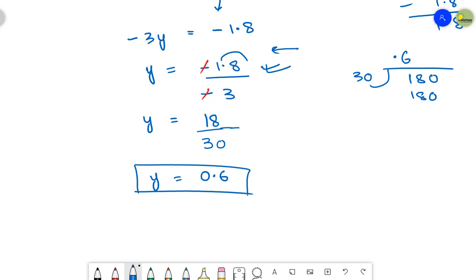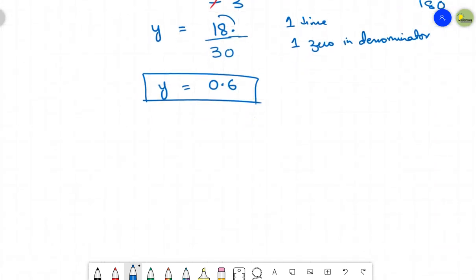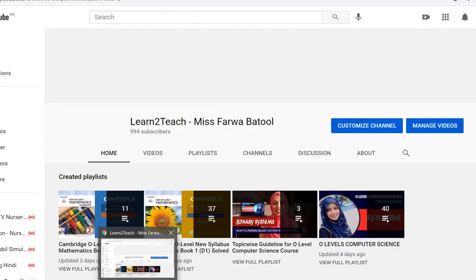Decimal is shifted to the right one time. Now the decimal is here. So if it is shifted one time, then you have to add only 1 zero in the denominator. Keep in mind that the number of times you are shifting the decimal, either it is one time, two times, three times, you need to add that number of zeros in the denominator. Right now, I'm only shifting it one time, so I have added only 1 zero in the denominator. So 3 becomes 30, and then I can easily divide it. The answer is y equals to 0.6.